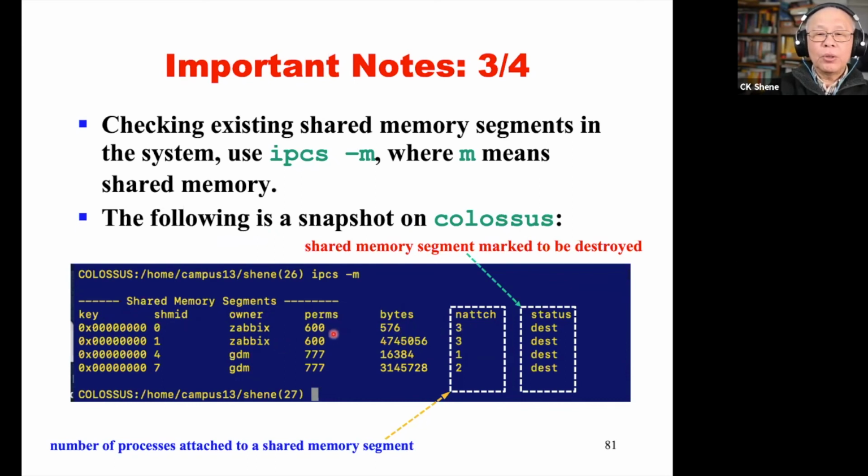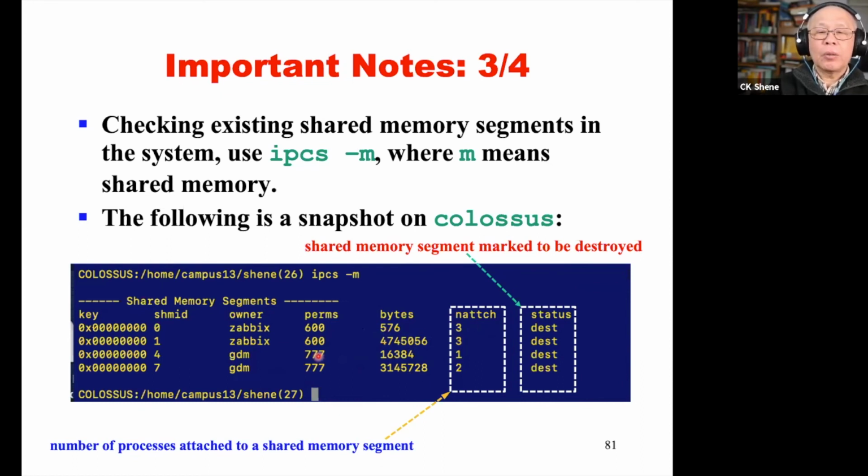And this user has 3 processes using this piece of shared memory. And this user has a larger shared memory. Probably this user created 2 shared memory segments and also 3 processes to use them. And this GDM user also has 2 pieces of shared memory segment.